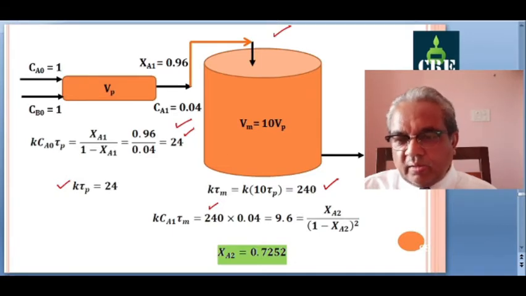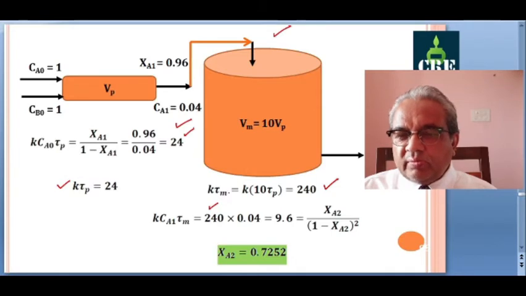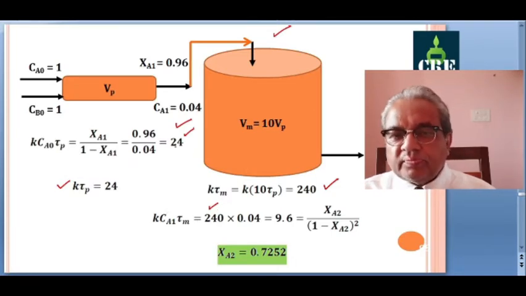K is same, tau is now 10 times. So K tau M value is 240 for this mixed flow reactor. Okay. K will not change and tau becomes 10 times. So it is 240.